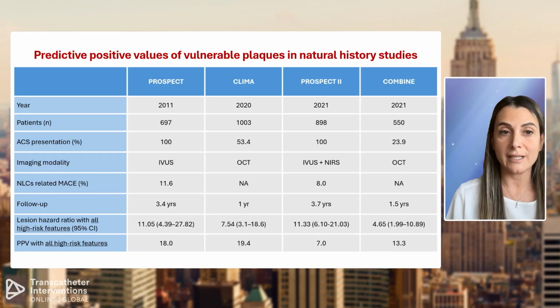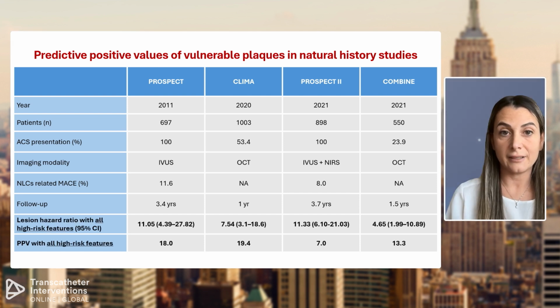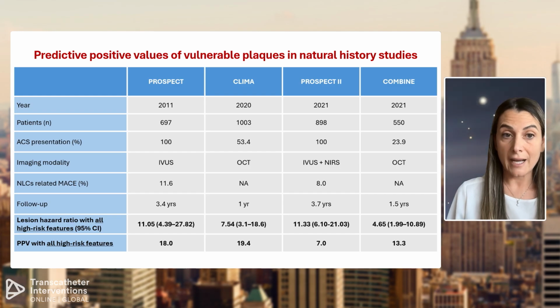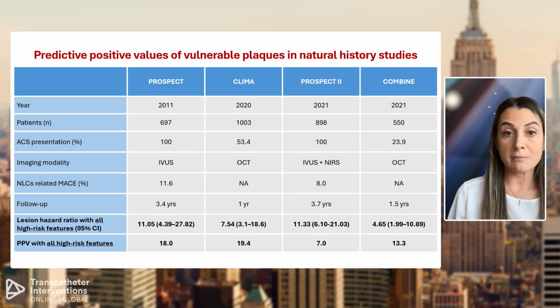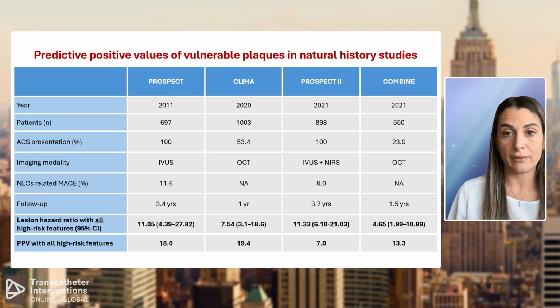But when we put all these studies together, what we realize indeed is that the relative risk associated to each lesion might be high, but the absolute risk associated to each lesion is pretty low and was mainly driven in these studies by late revascularization, not by hard endpoints.